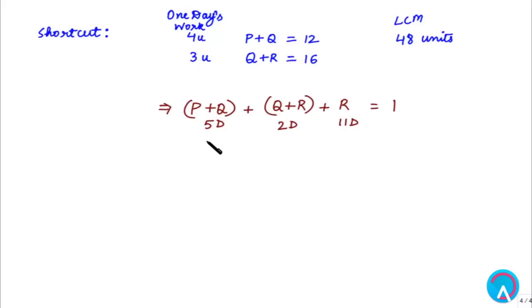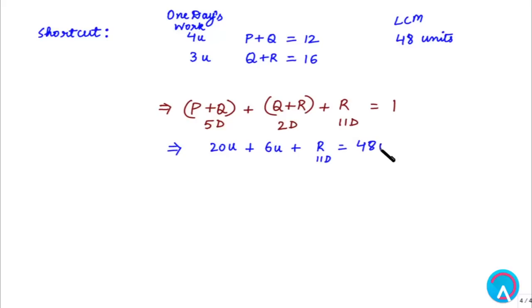So in the previous method we had formed this equation. Once again making use of this equation, P and Q's 5-day work plus Q and R's 2-day work plus 11 days work of R is equal to 1. So now P plus Q's 5-day work will mean 5 multiplied by 4, that is 20 units, plus Q and R's 2-day work will mean 6 units, plus 11 days work of R, that will make up 48 units.